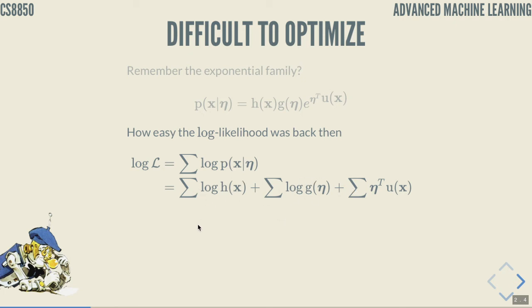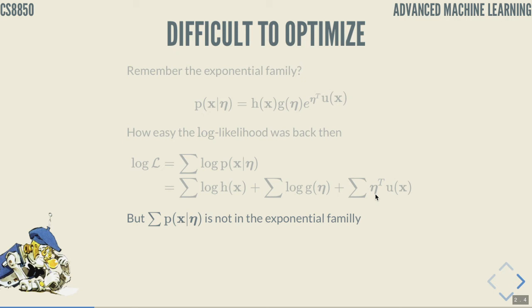This doesn't involve the parameters eta at all. So we factored the parameters out from the data into those two factors, and we get rid of the exponent and usually have a nice form.